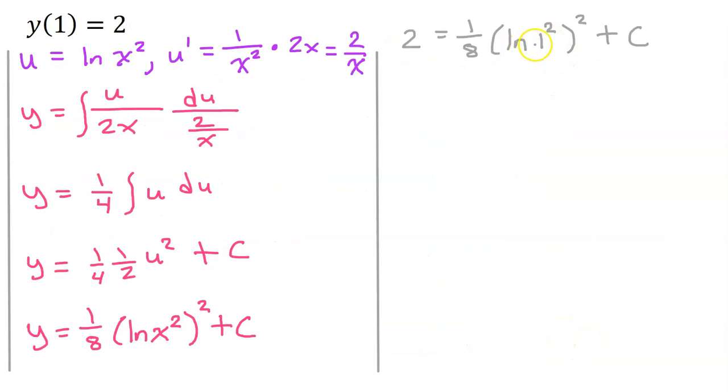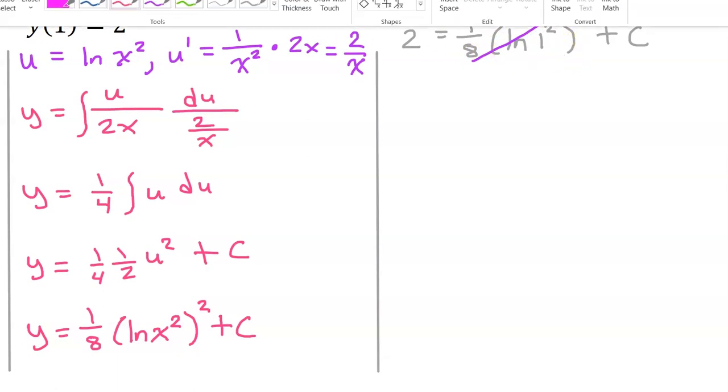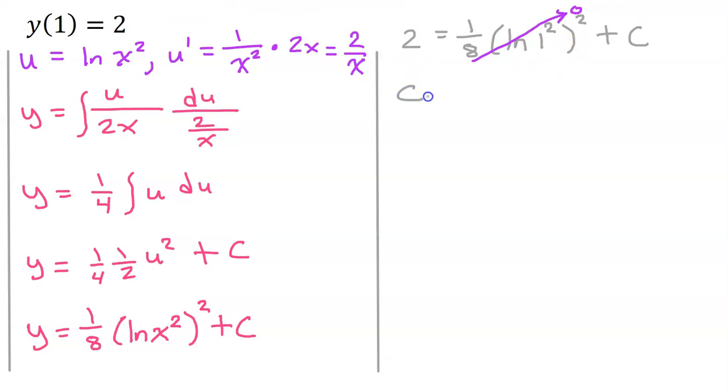On the inside here, 1 squared is 1. We have the natural log of 1. We know that is 0. 0 squared is just 0. 1/8 times 0 is 0. So this entire term has a value of 0. That means that c is equal to 2.